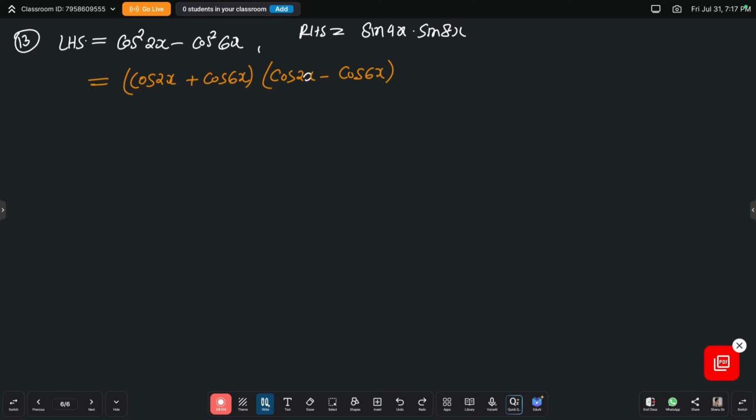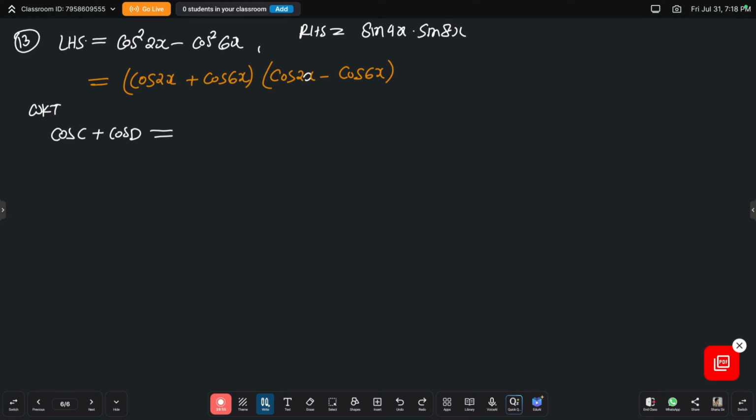What next? Now do you have any such formula in your list? Cos c plus cos d, cos c minus cos d is there now? So here we can use these formulas, this one is cos c plus cos d.